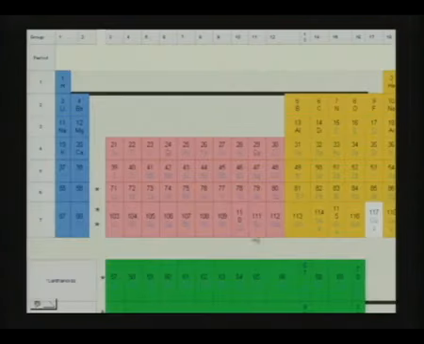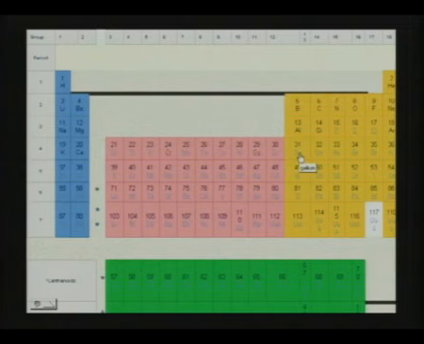So for chromium and copper, these two cases you must remember, because they do not follow the usual rule. Then again the p electrons are being added after 3d10 is filled up and 4s2 in zinc, in the 4p levels from gallium up to krypton, where it ends as 4p6.